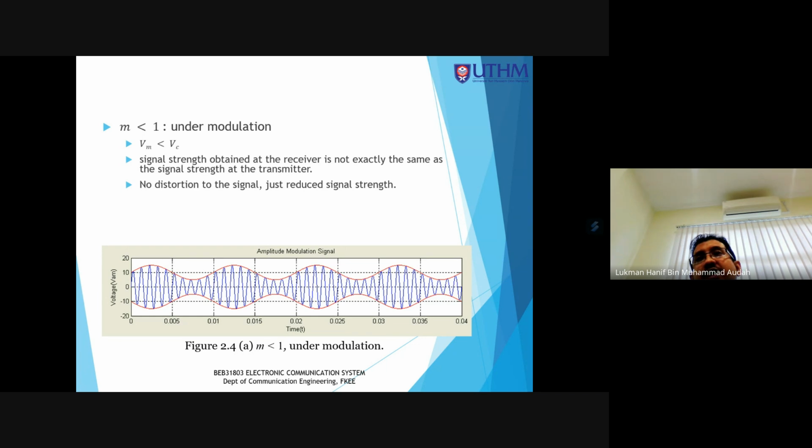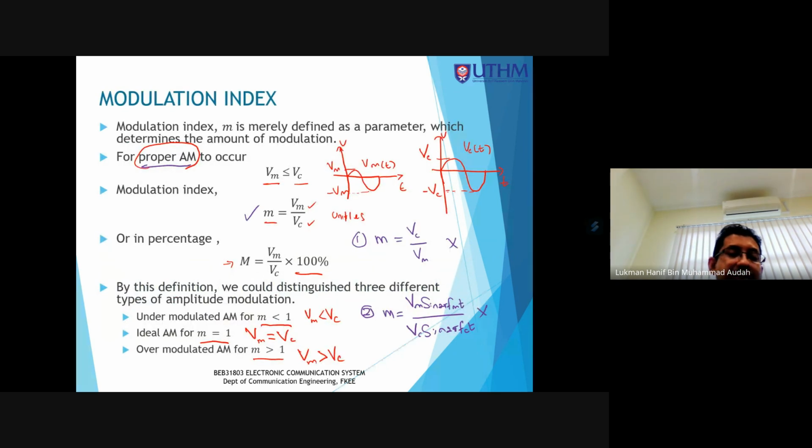In the previous semester, we asked the students to explain the types of scenarios of AM modulations, and also sketch the drawing. So the answer to that question would be in this slide. You need to explain maybe either one of these: what is the undermodulated AM, the ideal AM, or overmodulation?